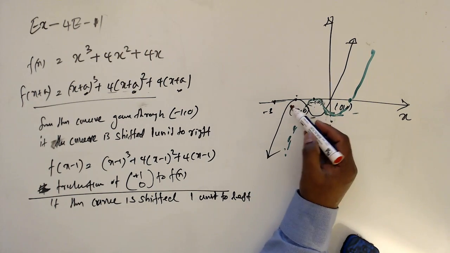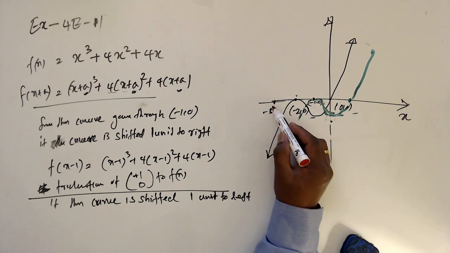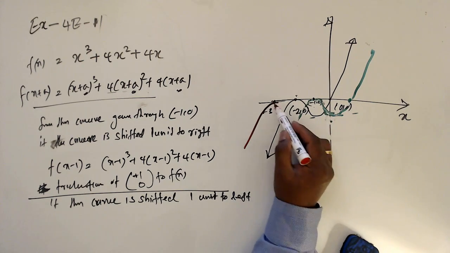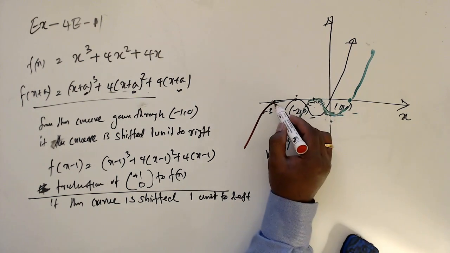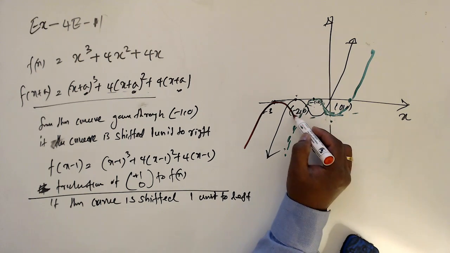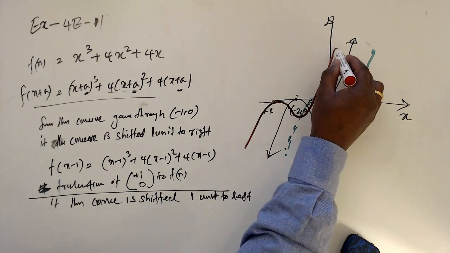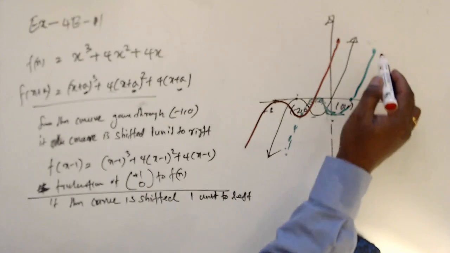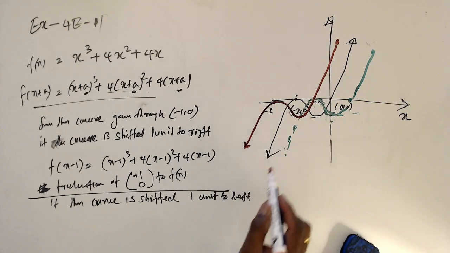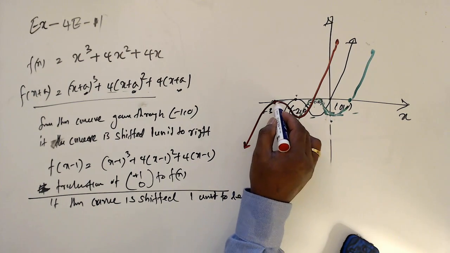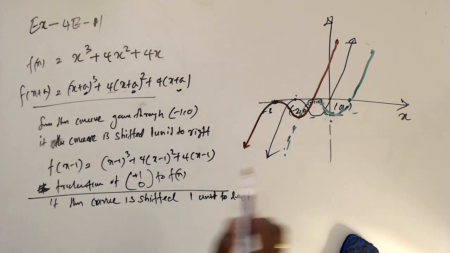Then the point is still going through (minus 1, 0).